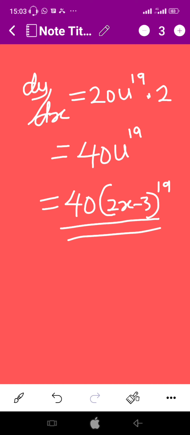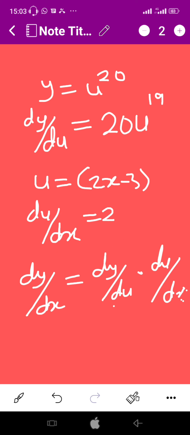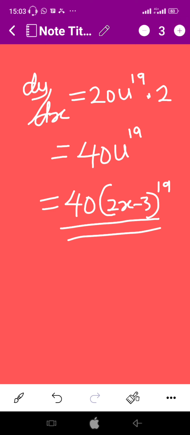So I believe you've understood how I solved it. This is page 1, then this is page 2, and this is page 3, where we got our final answer.